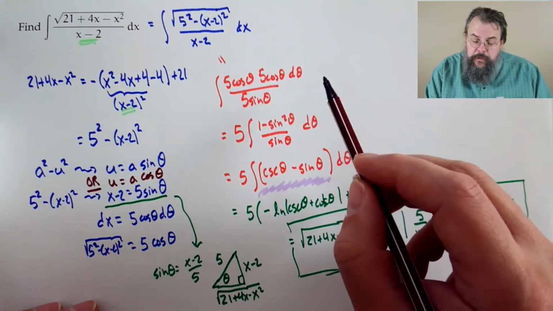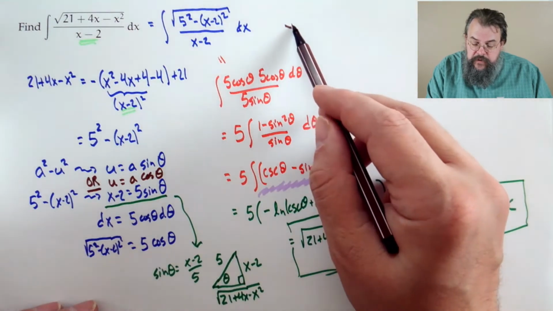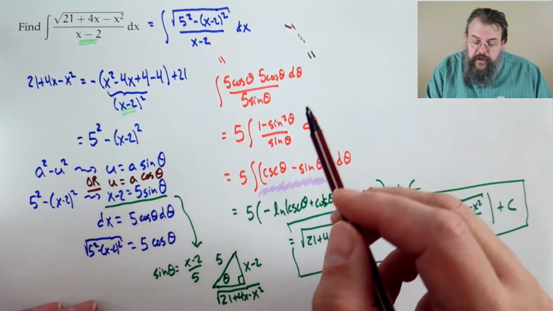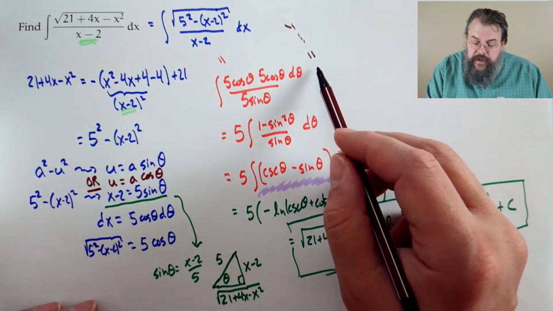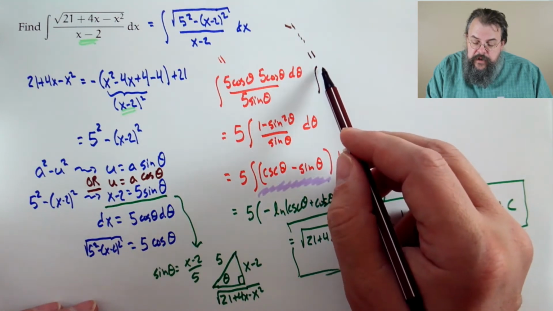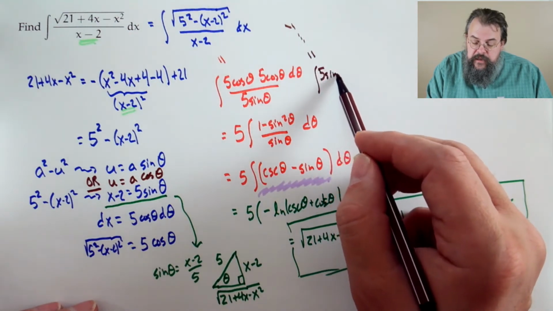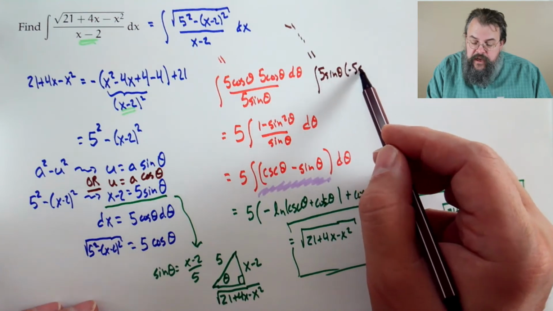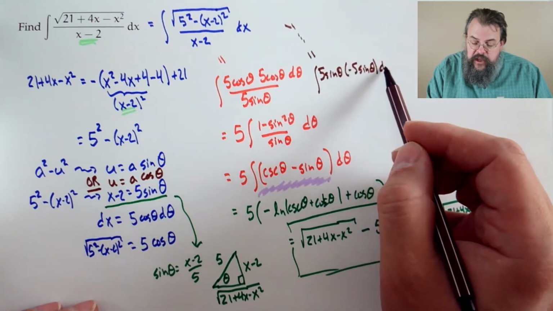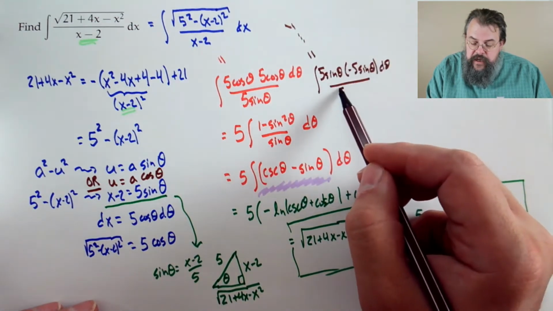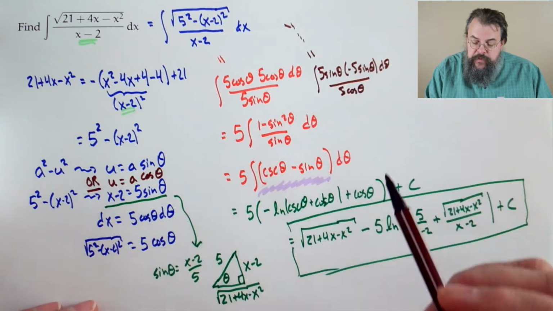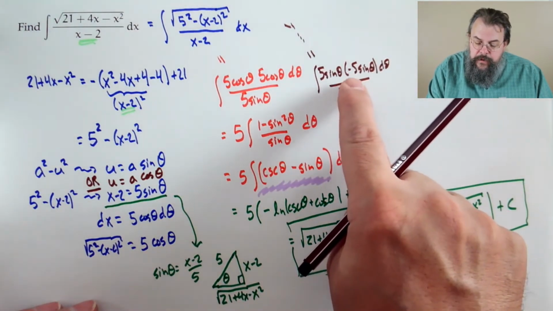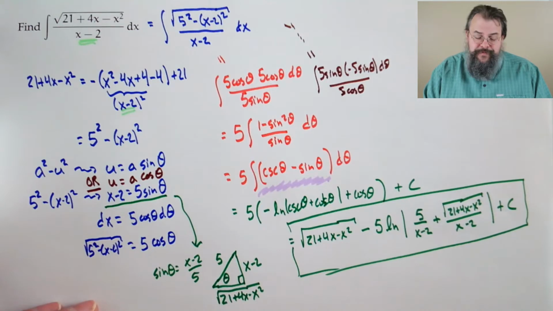And so if you followed it through, it would have become the integral of 5 sine theta minus 5 sine theta d theta divided by 5 cosine theta. Now, you might say, where did that minus come from?